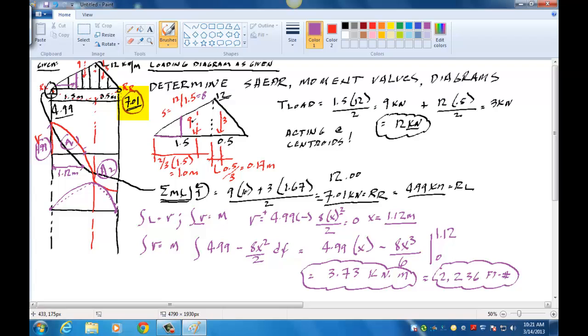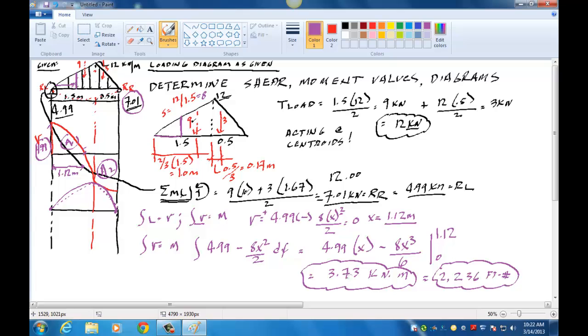Over on the right side looks like approximately 7 kilonewtons. We look at our maximum moment, looks to be about 3.73 kilonewton meters, or about 2,236 foot-pounds of moment.